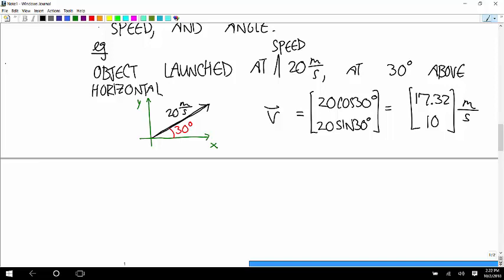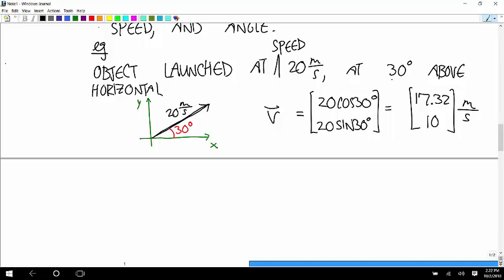And now that you've expressed that velocity in components, we can add it easily. We can multiply it by numbers, and we're going to have to do all that stuff with constant acceleration equations. Any questions about that?